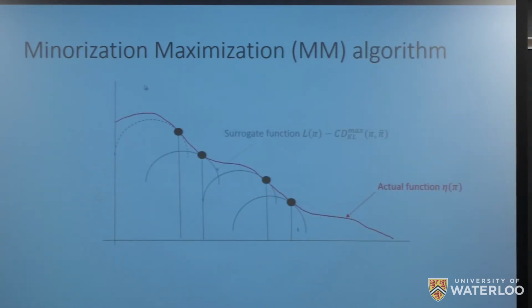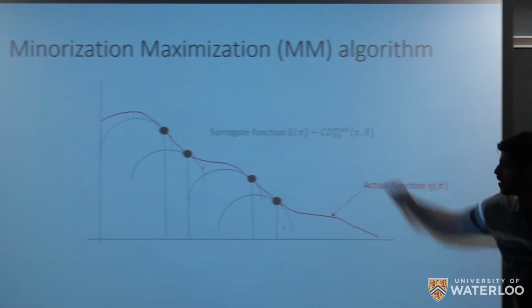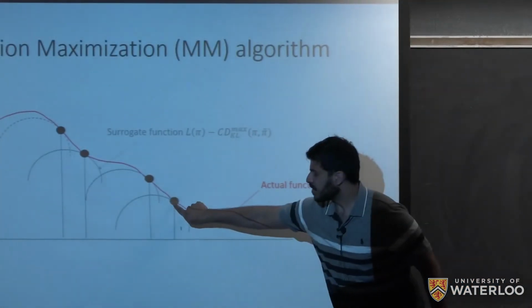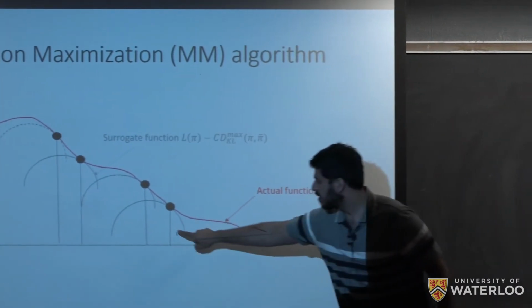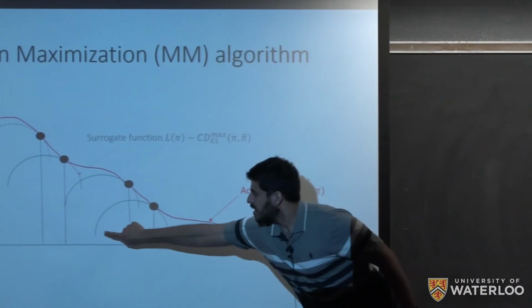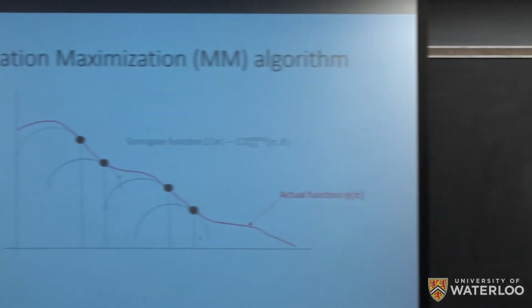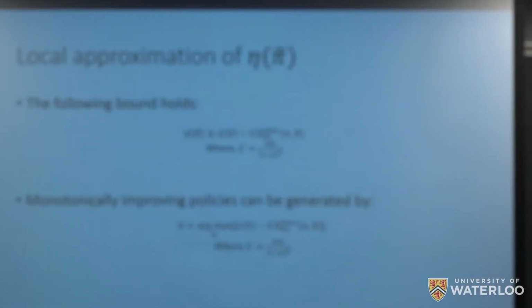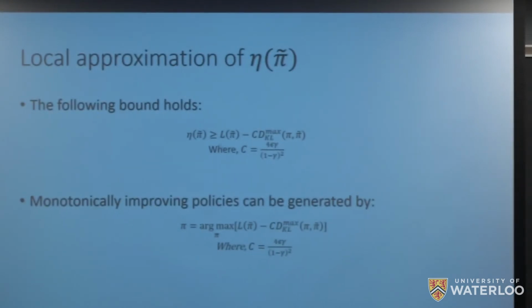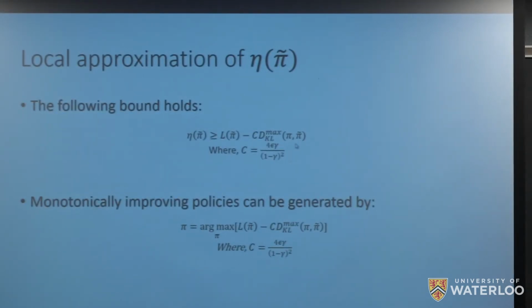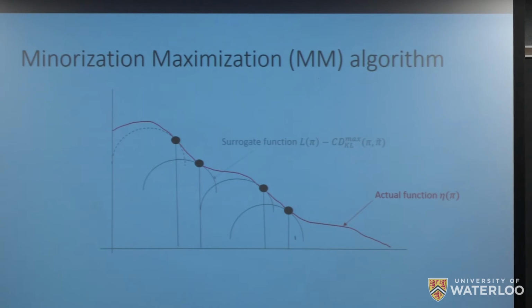So this algorithm is called minorization and maximization. What I mean is, if this is the actual eta function, this is our first step of the update. We come here, and then this is our surrogate function, which is going to be the L function. In this case, it's going to be this guy, the L minus C times D max.